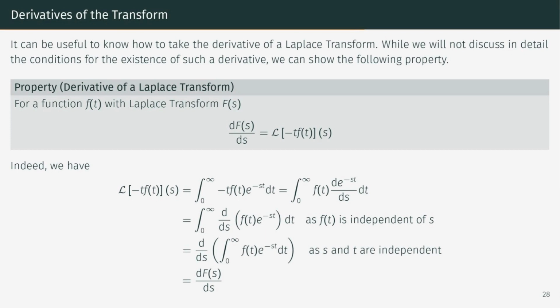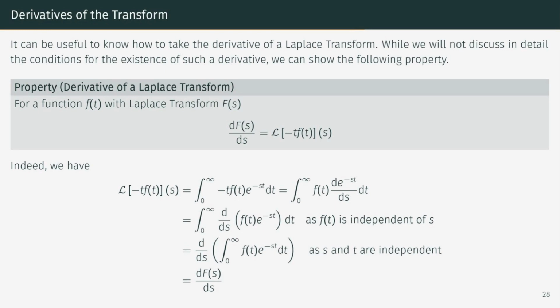Then this equals the integral of d/ds times f(t) e^(-st) dt from 0 to infinity, since f(t) is independent of s.